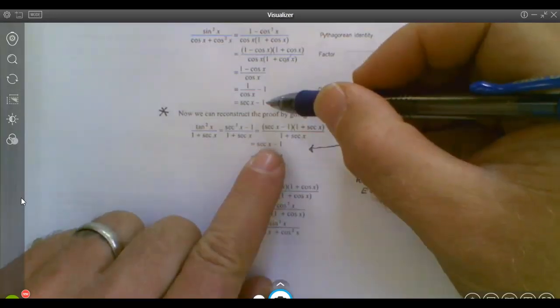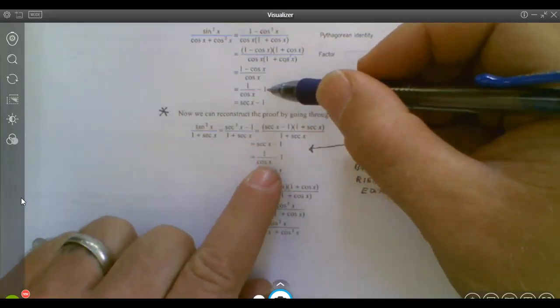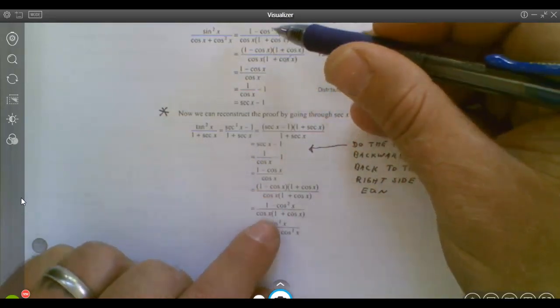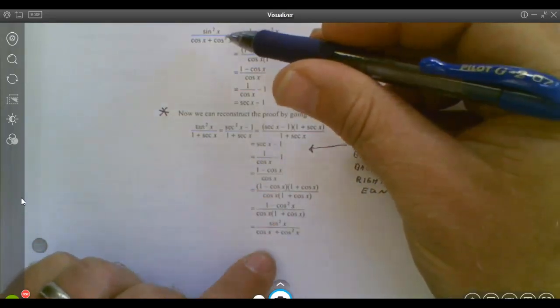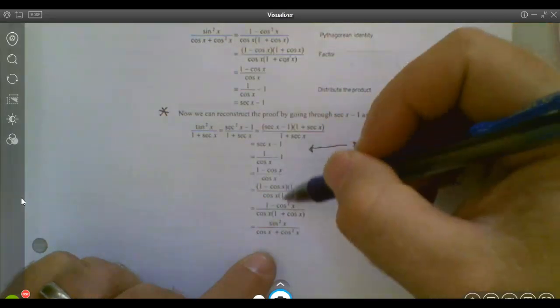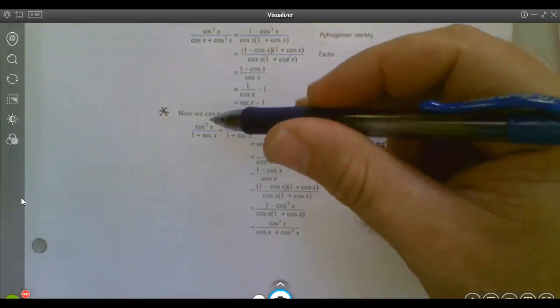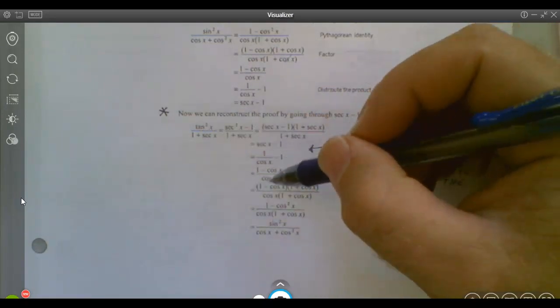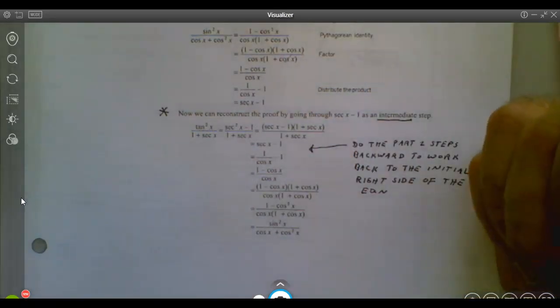So I know after the secant of x minus 1 would be this, and then this, and we're just retracing these steps all the way back to the beginning, and now here's our proof. So this is all the way from start to finish with only looking at the left side of the equation, and that would be our answer right there.